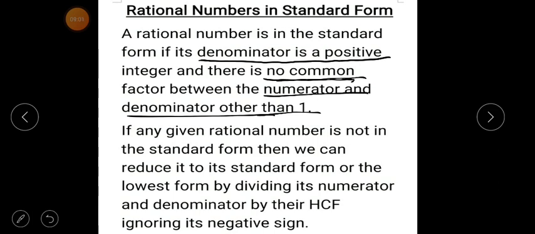If any given rational number is not in the standard form, then what can we do? We can reduce it into the standard form. How can we do that? By dividing or multiplying its numerator and denominator by the HCF, and ignoring the negative sign.